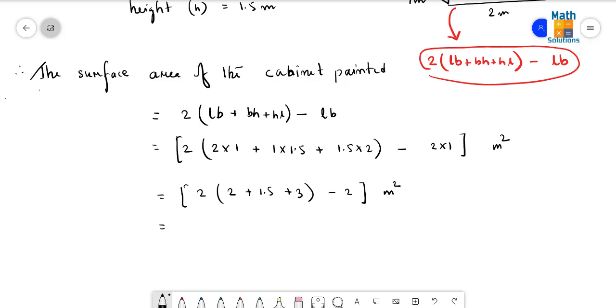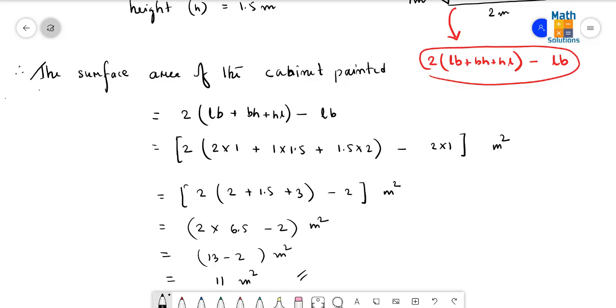The first result will come as 2 into 6.5 minus 2 meters square, so it is 13 minus 2 meters square, the result will be 11 meters square, and this is the required answer.